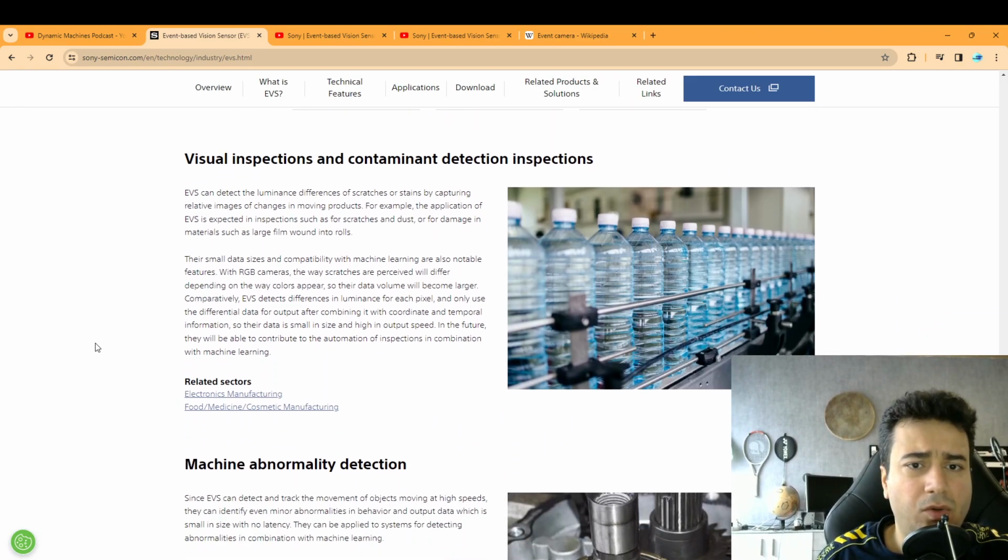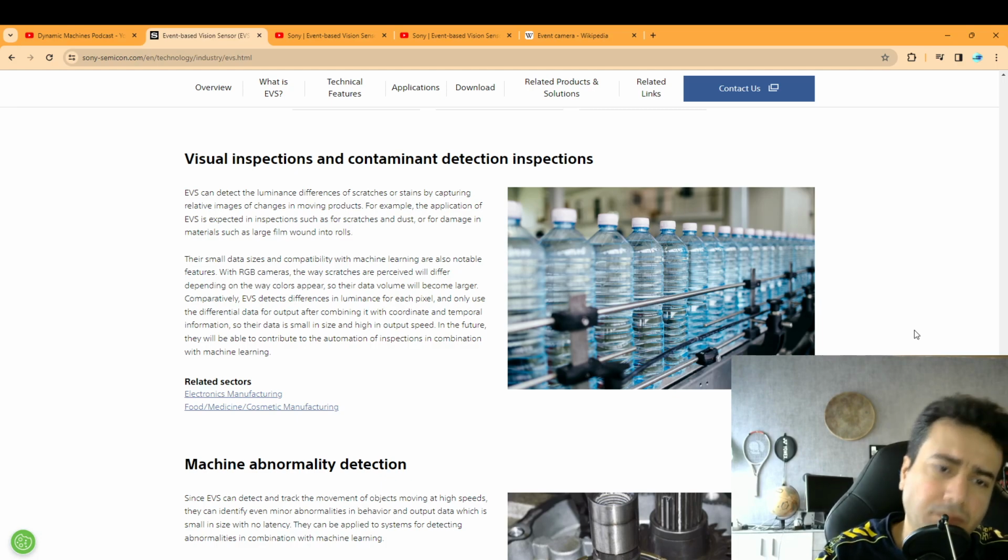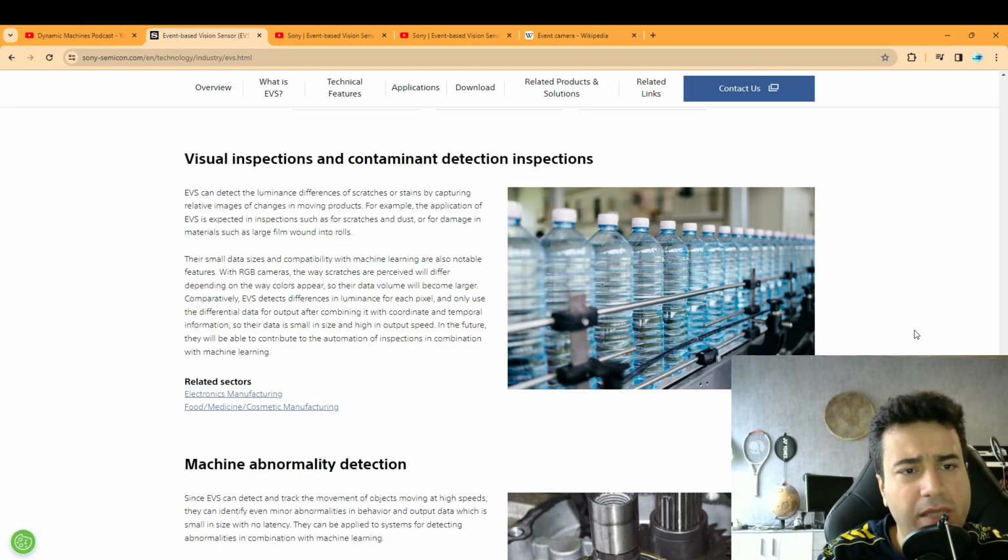So there are also other examples, like for example application in industrial automation, especially vision for detection of faults and errors in construction or products.